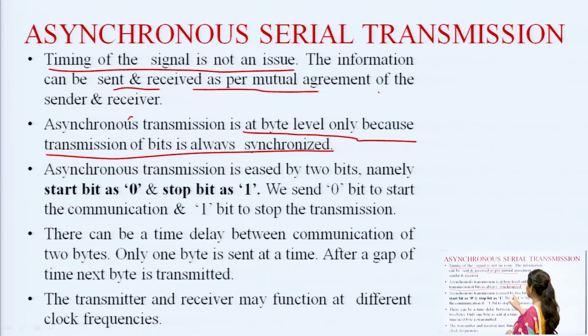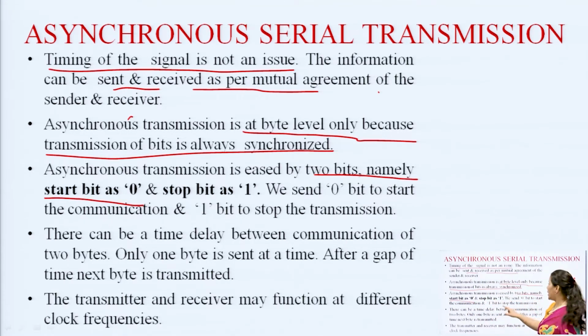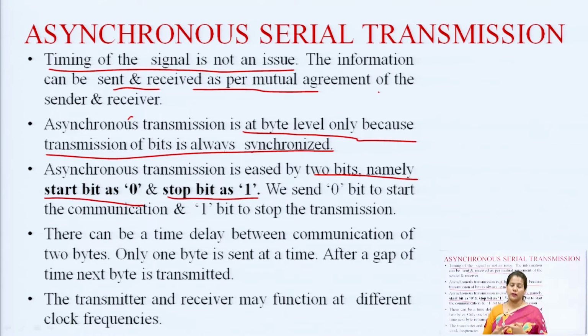Asynchronous transmission is eased by 2 bits, namely the start bit as 0 and the stop bit as 1. Since there is no clock used in asynchronous data transmission, how will the data be synchronized? Using start and stop bits. Whenever the sender is sending data to the receiver, it will send the start bit before sending the data. So, the receiver will understand that now the data will start, and when it wants to stop the transmission, it will again send the stop bit.